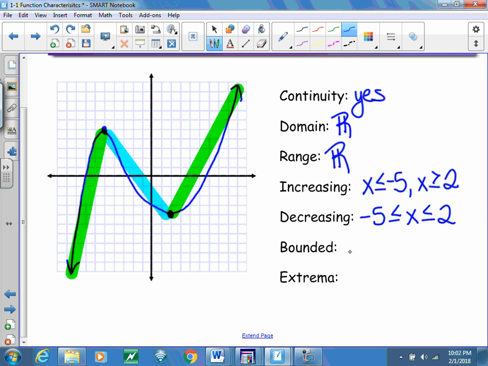This graph is not bounded because there is no absolute maximum, there is no absolute minimum, which gets into our next thing as far as our extrema.